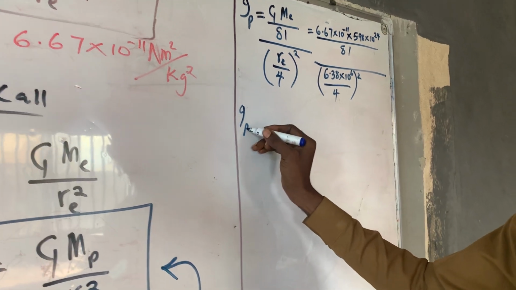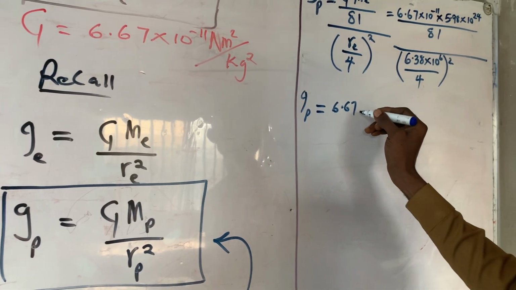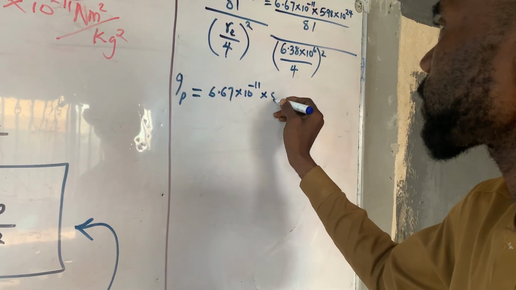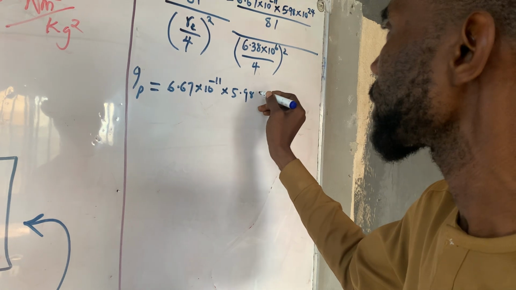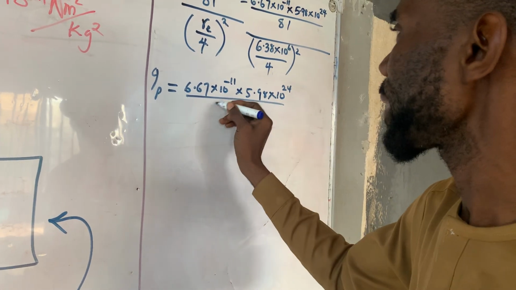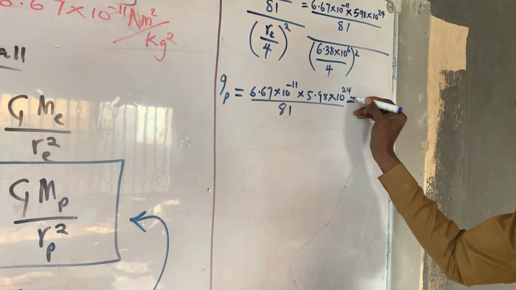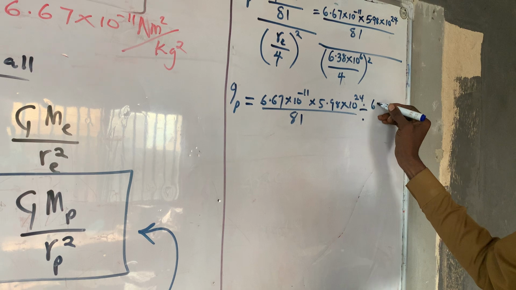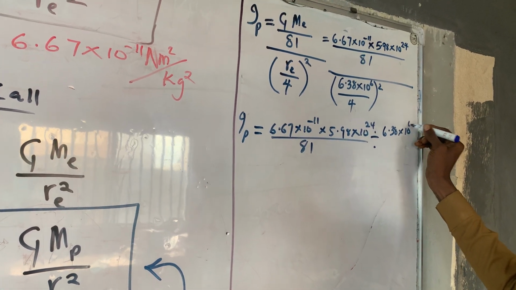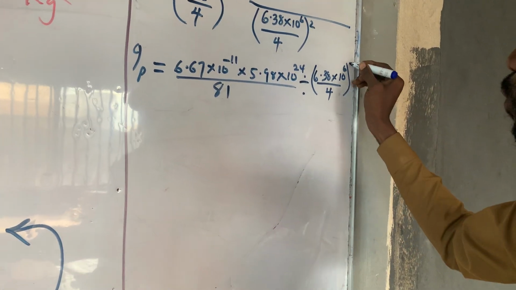g on the planet will be equal to 6.67 times 10 raised to the power of minus 11 times 5.98 times 10 raised to the power of 24 divided by 81. Now look at it. Divided by 6.38 times 10 raised to the power of 6 divided by 4, all squared.